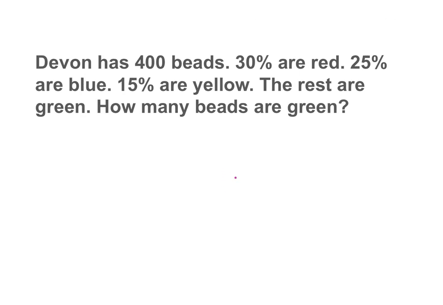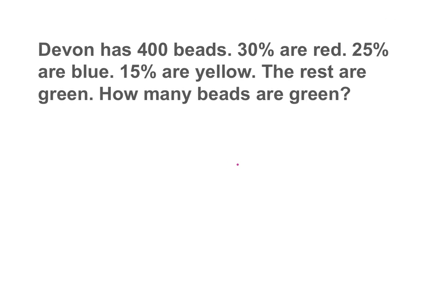All right, Devin has 400 beads. 30% are red, 25% are blue, 15% are yellow, the rest are green. How many beads are green? Okay, so this is more than one step. So first, let's add up what percent the red, blue, and yellow are all together.